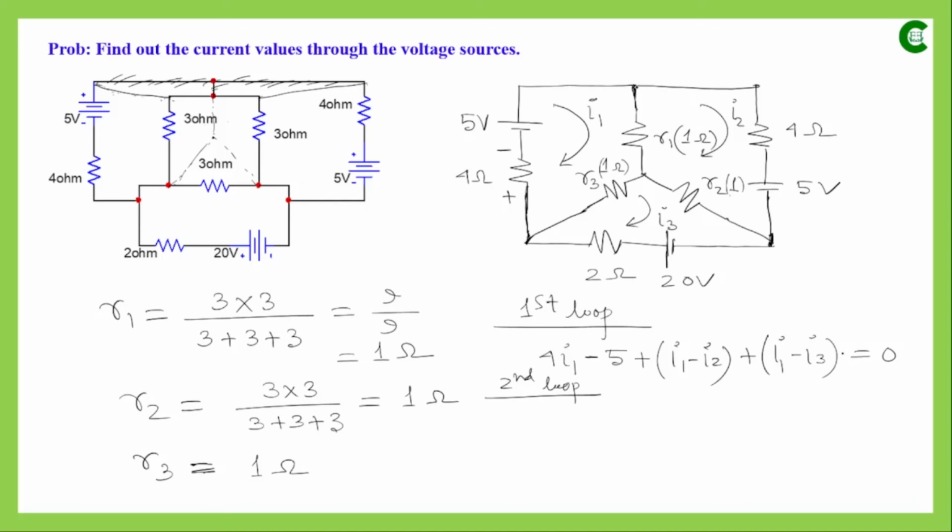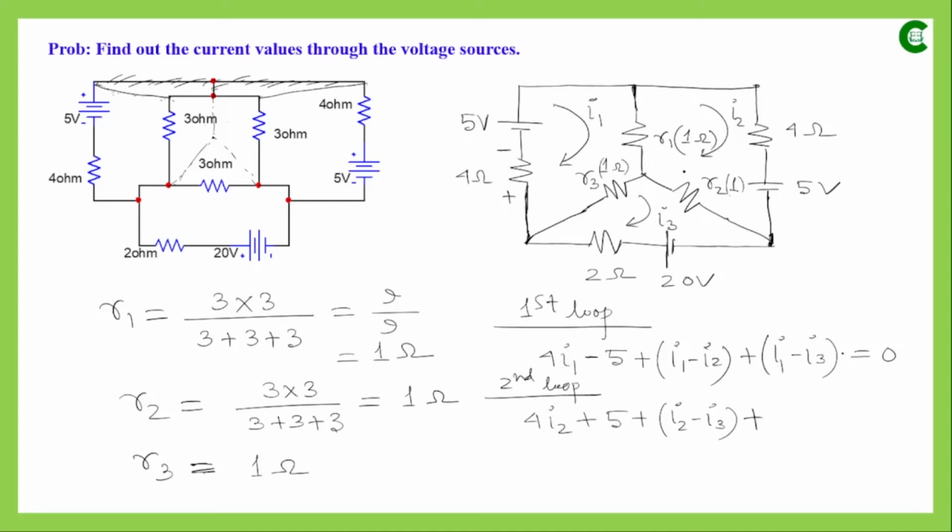So if we start our journey from here and if we go by the direction of the current, then it will be 4I2, then plus 5 we have, and then through this resistor I2 and I3 both the currents are flowing, and I3 is flowing in this direction, so the resultant current will be I2 minus I3, and for that the voltage drop polarity will be higher potential here and lower potential there, into the resistance value which is 1, and then we have this resistor R1.